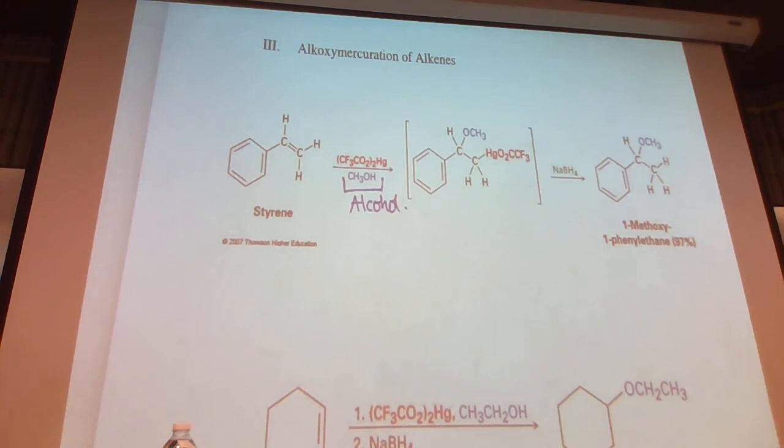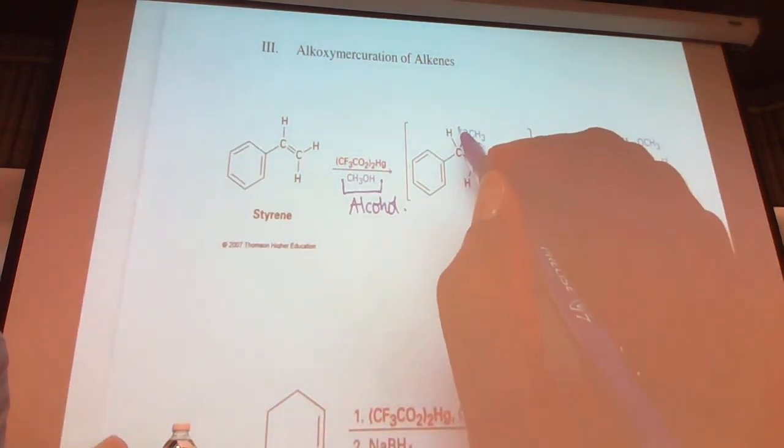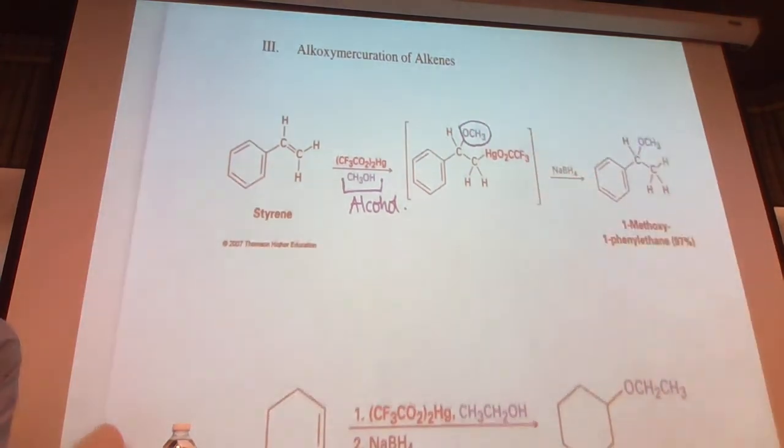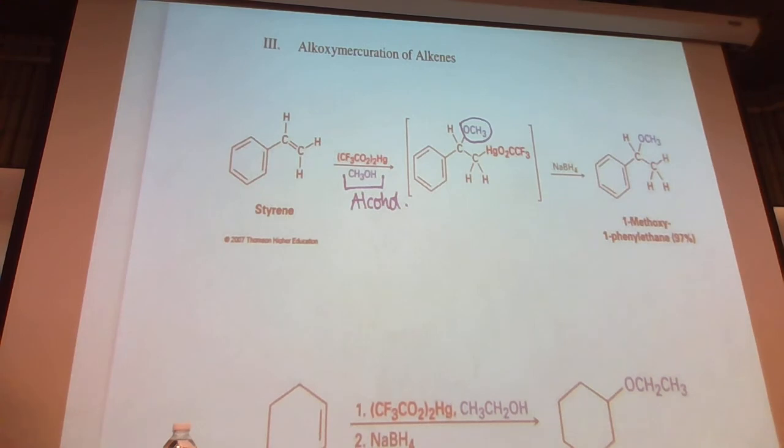Okay? So here, instead of water, you're using alcohol. That is why that alcohol is adding here. Okay? So the addition follows Markovnikov's rule, which means your incoming nucleophile is going to add to the more substituted part of the double bond.